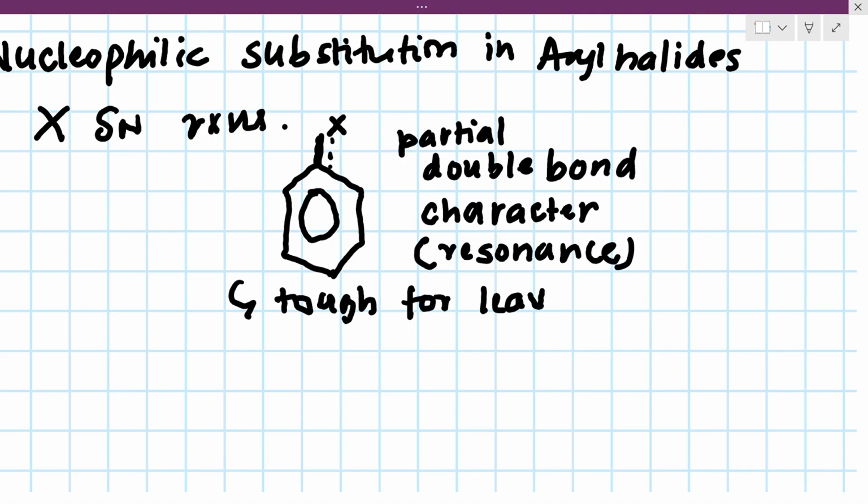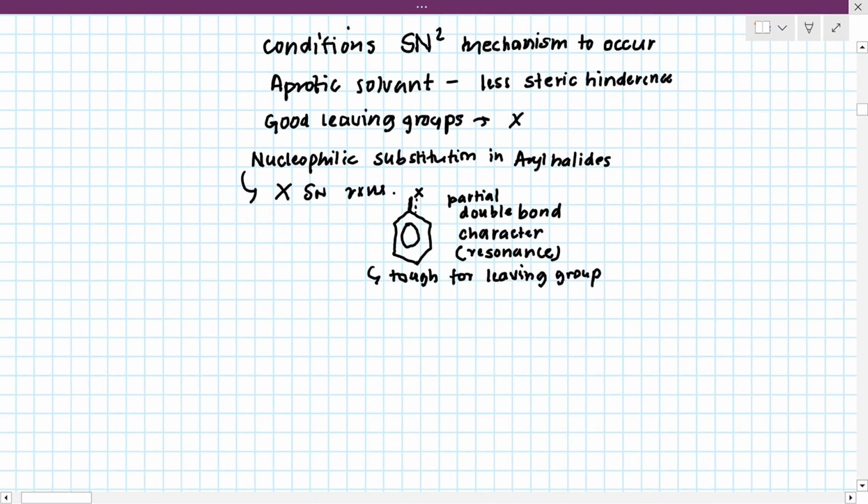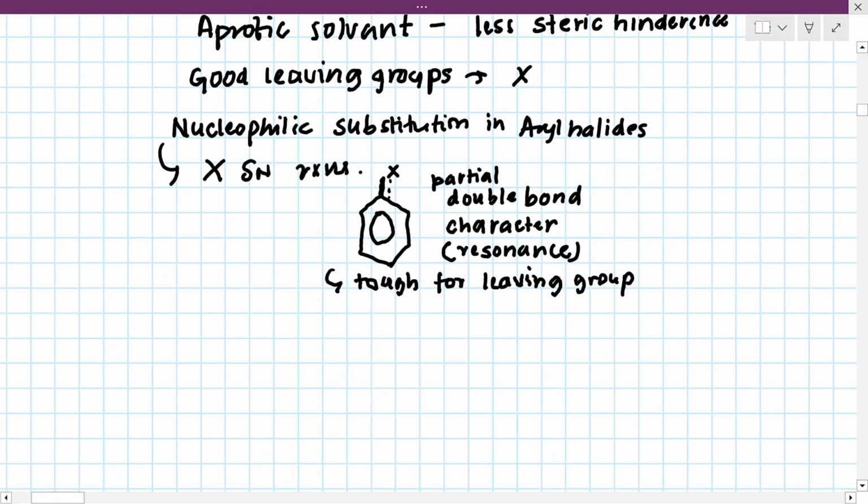Because we are already discussing that there is a partial double bond, it is tough to break the double bond. We have known this since GOC, when we studied that it is tough to break a double bond. So there is partial double bond character. Hence there is resonance, and due to resonance it is tough for the leaving group to leave. Hence no SN reactions. This is the reason they don't undergo SN reaction.